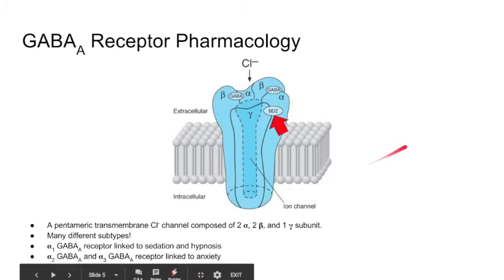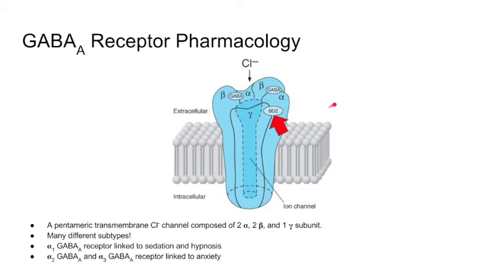It's also important to note that GABA binds to the beta subunit of the receptor, but it seems here, I believe, that the benzodiazepine receptor is on the gamma subunit, and that's very important because the benzodiazepines and the barbiturates act as allosteric modulators.